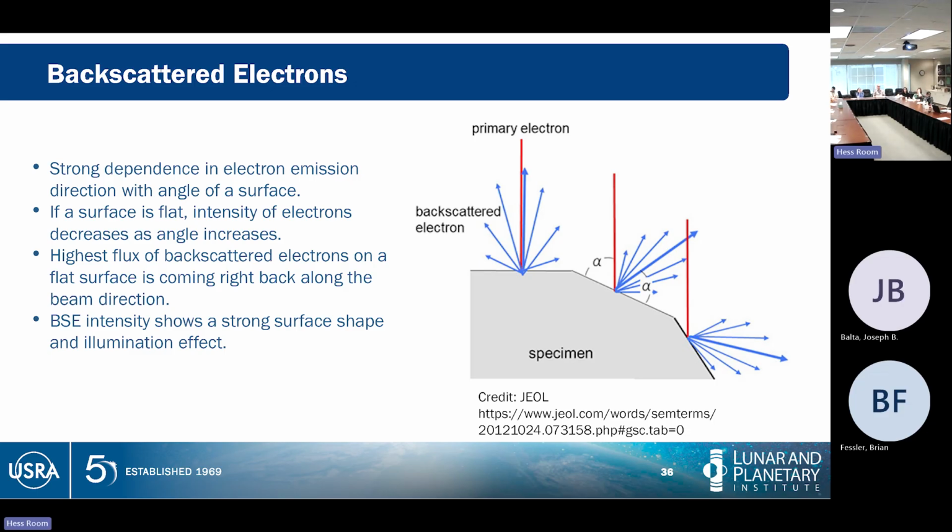is that there is a strong dependence in backscattered emission with the angle of a surface. If a surface is flat and you fire an electron beam at your flat surface, your strongest response is back in the direction of the beam. We'll get a strong signal on a flat surface shot back at you.